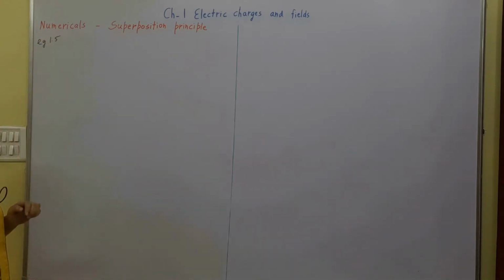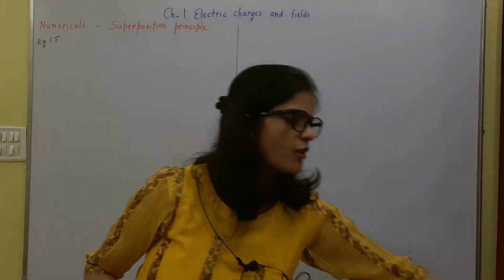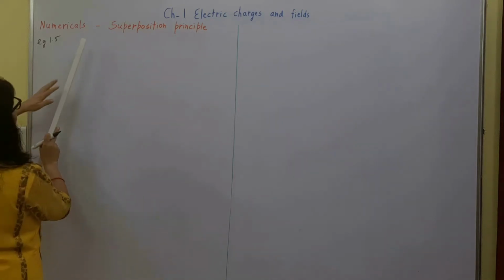It says that three charges Q1, Q2, Q3 are placed at the vertices of an equilateral triangle.